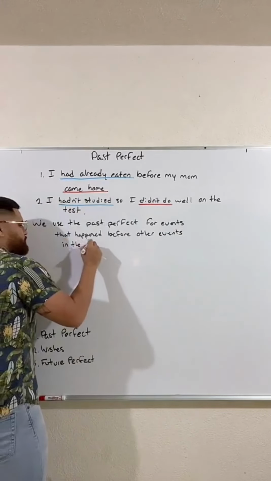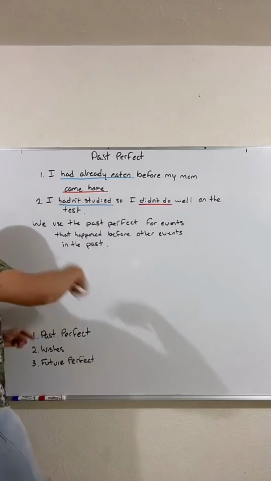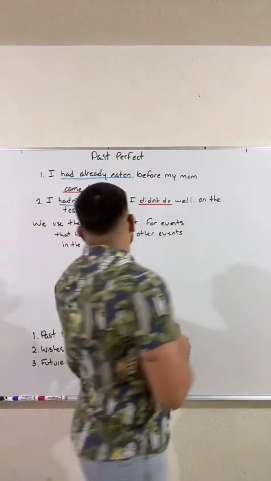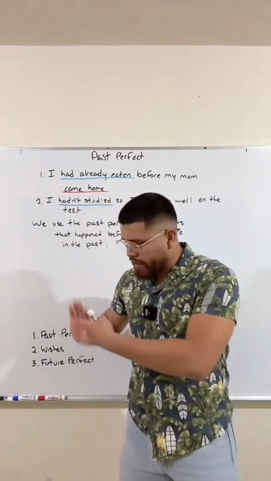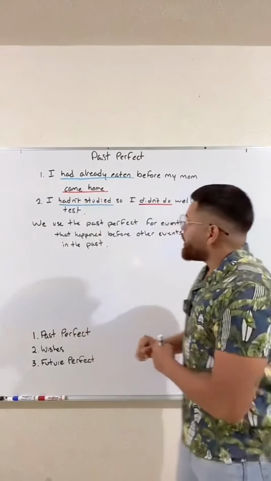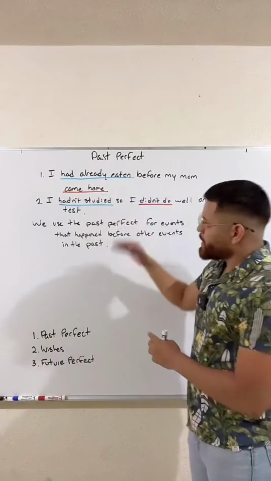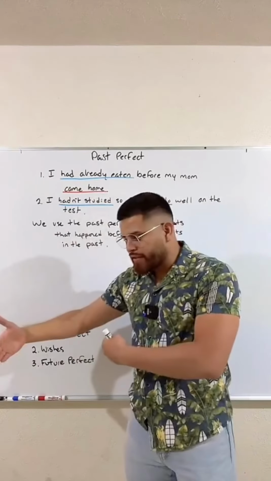We use the past perfect for events that happened before other events in the past. In the first sentence, I had already eaten before my mom came home. My mom came home, that's already in the past. And had already eaten, that happened before that.